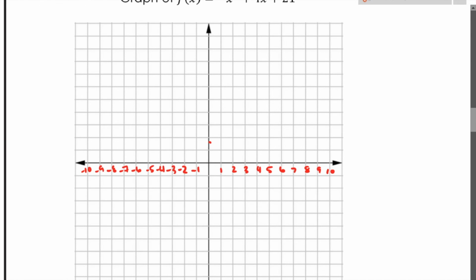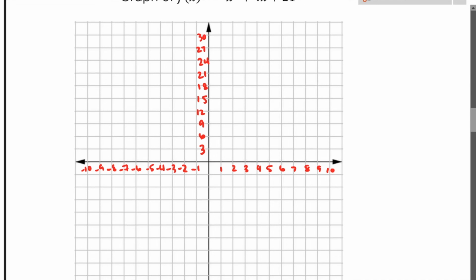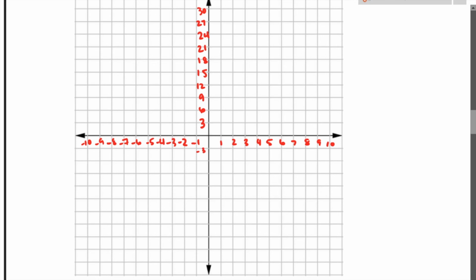So we have 3, 6, 9, 12, 15, 18, 21, 24, 27, and 30. Now I'm going to go backwards, so it's -3, -6, -9, -12, -15, -18, -21, -24, -27, and -30.